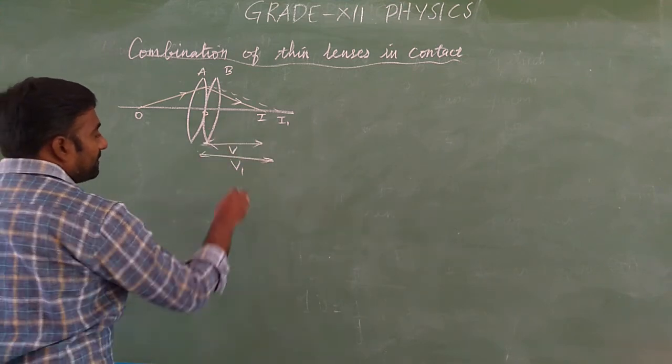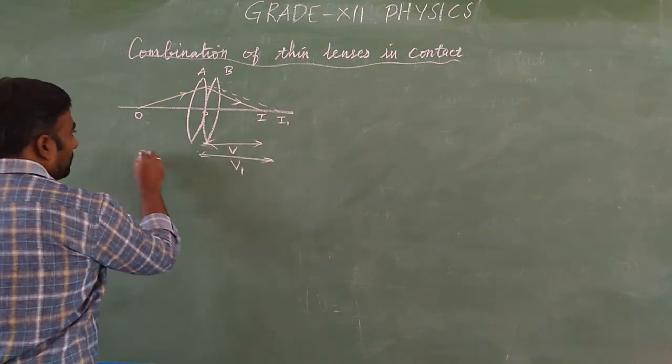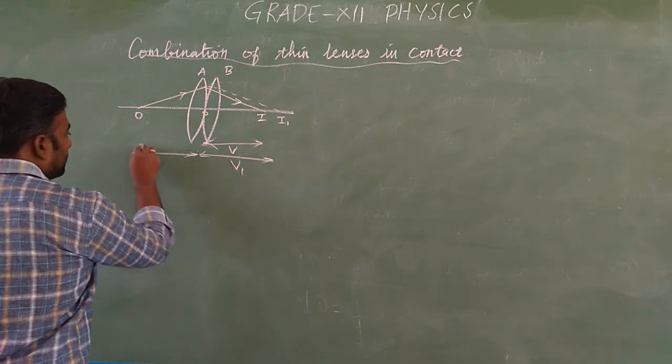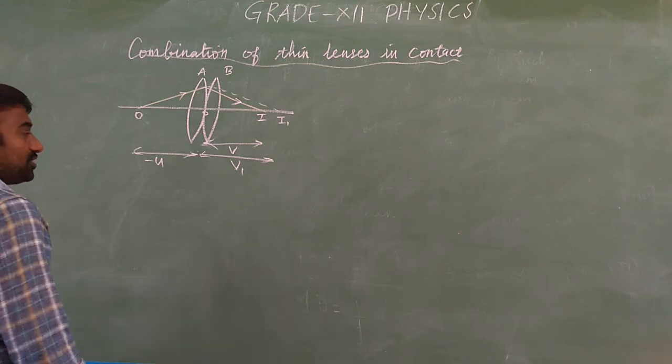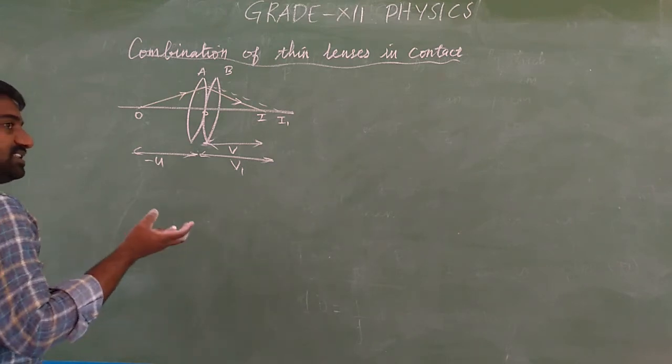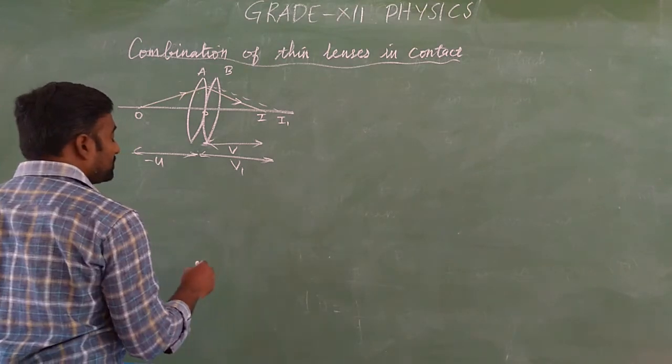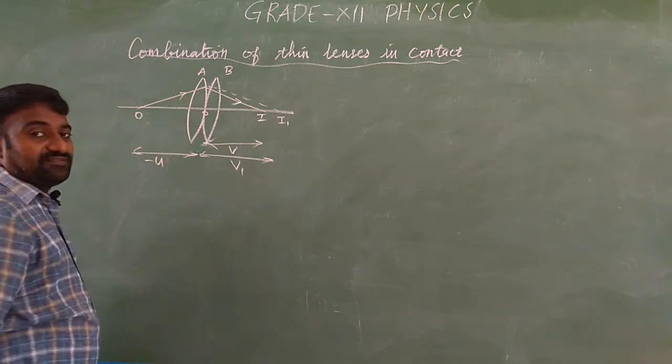The object distance U is common, and according to sign convention it is minus. Later we are going to use what we have studied in the combination of thin lenses.